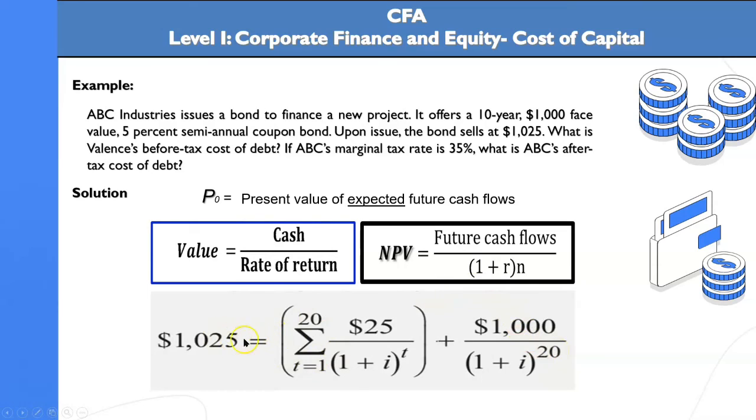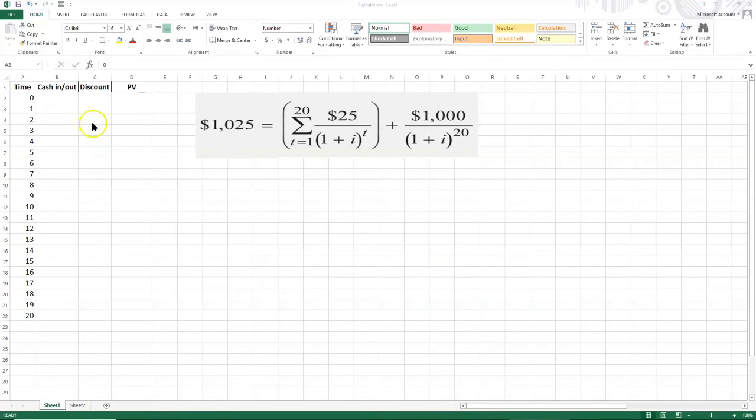This equation, I think you could do it in a scientific calculator, but let us do it in Excel. I'll show you how to do it on Excel. So this is the Excel sheet. We have time 0 today, and then 20 payments of 25 each, correct?